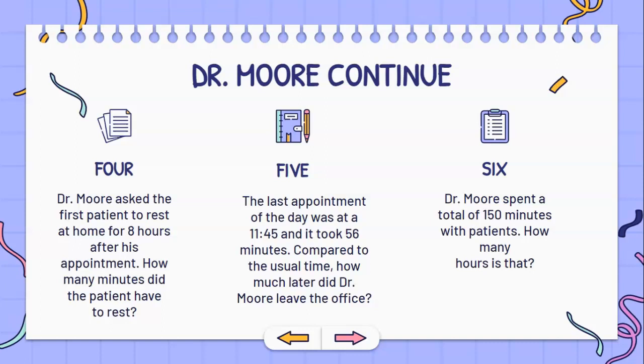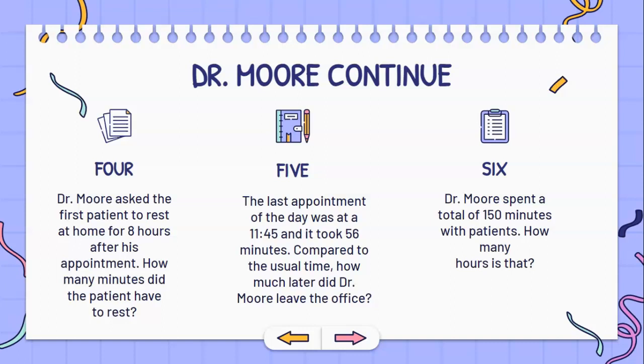The last appointment ended at 12:41, 56 minutes after 11:45. Dr. Monroe usually leaves the office at noon, which is 12. So he left the office 41 minutes later than his usual time.